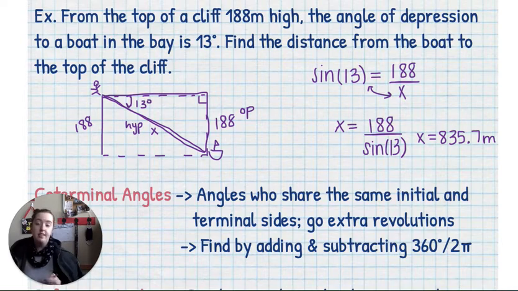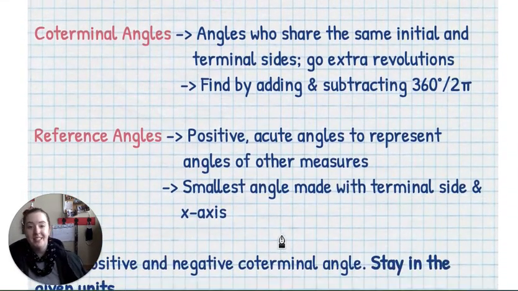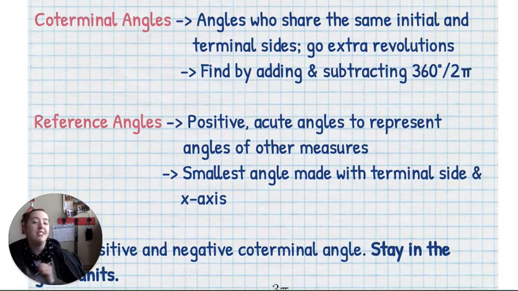The next things, you might have learned them in Algebra 2, but I think that all of this stuff started coming right when the pandemic happened, so you might have missed a little bit of this. So coterminal angles. They are angles that share the same initial and terminal sides.